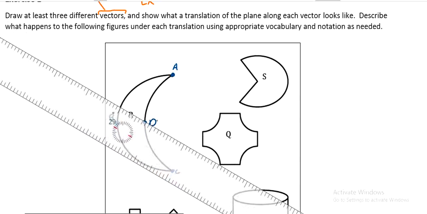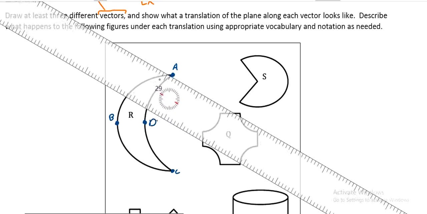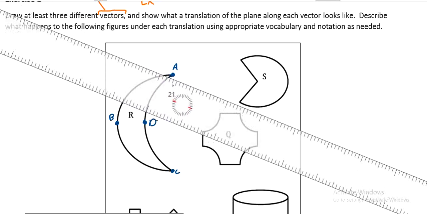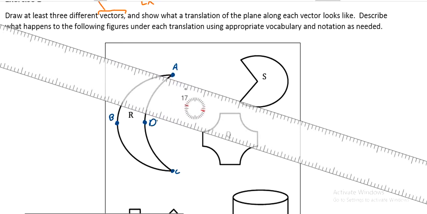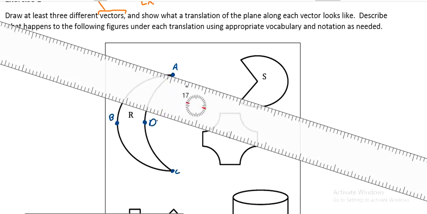Now from any given point, we'll start with point A. Again, this is just an example. In the future, you'll be given specific vectors to move it along. So I've decided for point A, I'm going to move A 25 dash marks to a different spot.